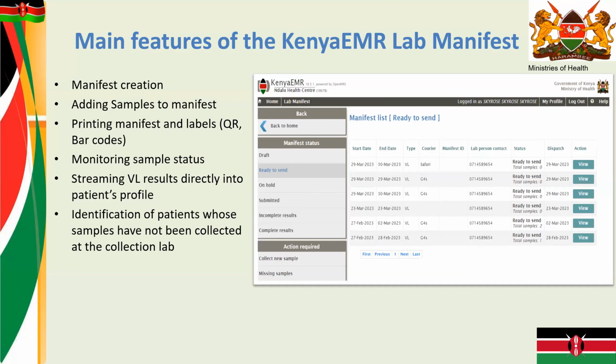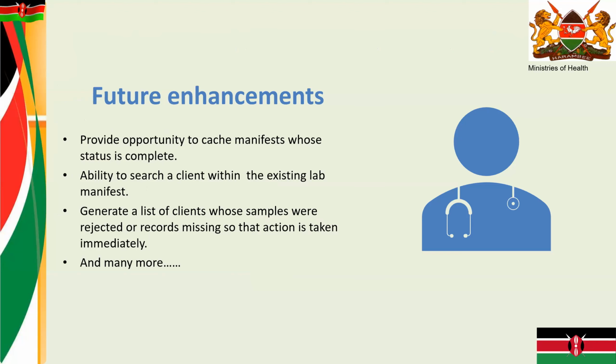So those are some of the basic features that exist in that module. But again, also moving into the future based on the feedback that we continuously receive, the module will be improved to include the ability to cache the manifests whose status is complete.